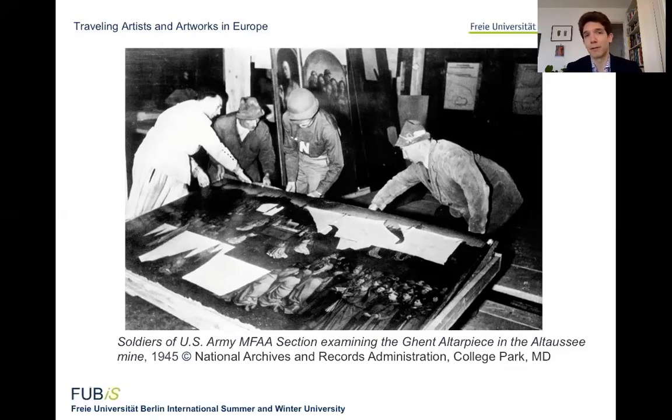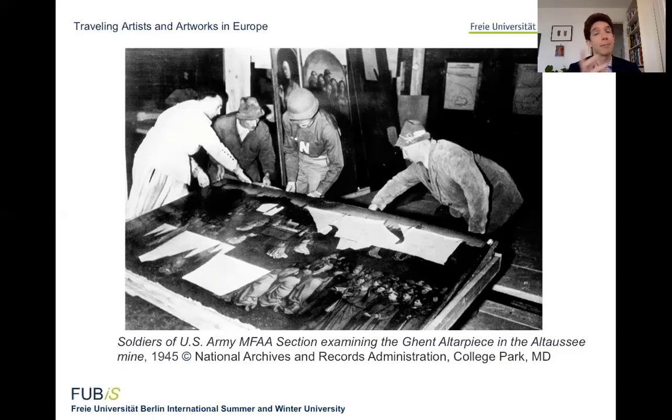Then, after the fall of Napoleon, the altarpiece came back to Ghent, but it was soon after sold to a merchant that, in turn, sold it to the King of Prussia.